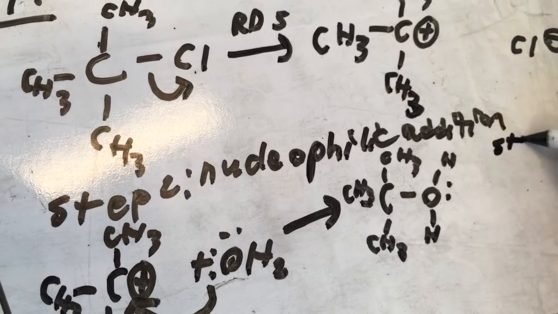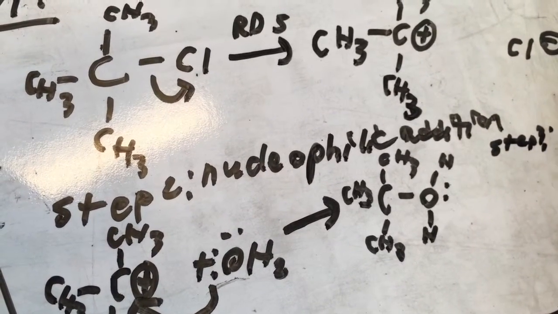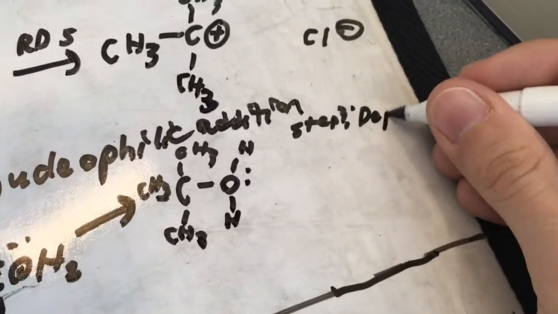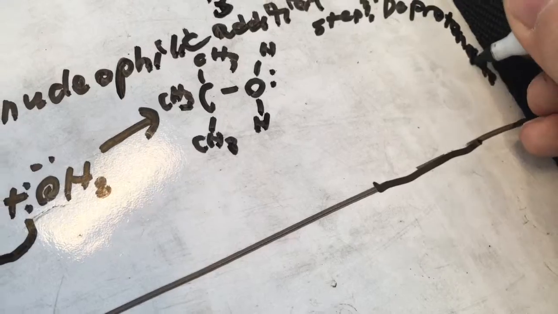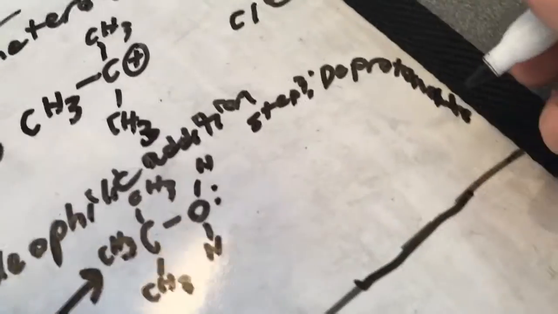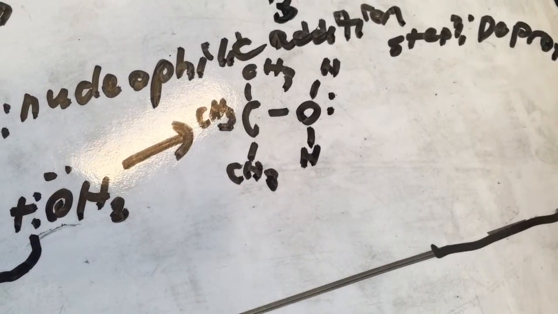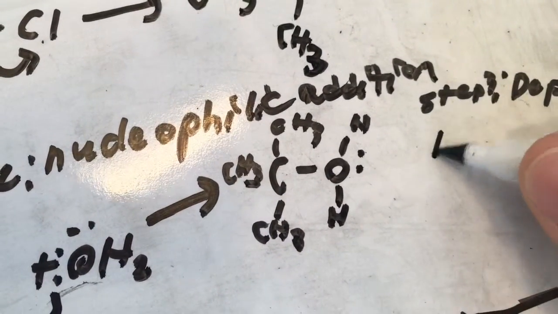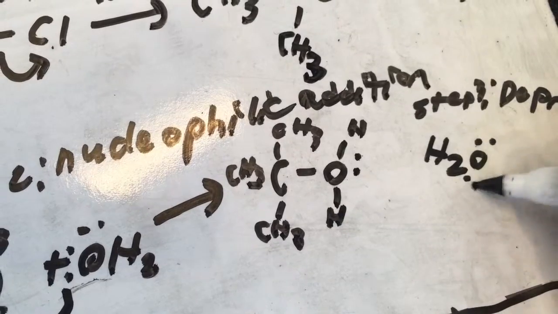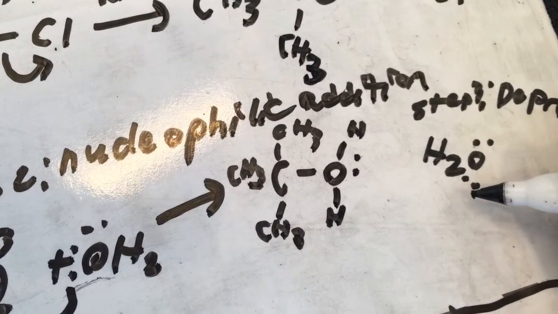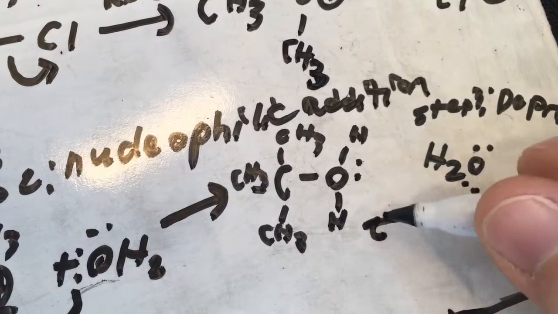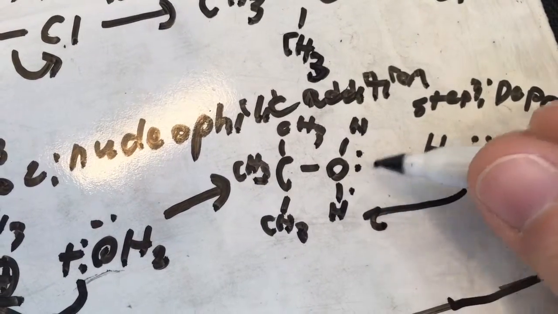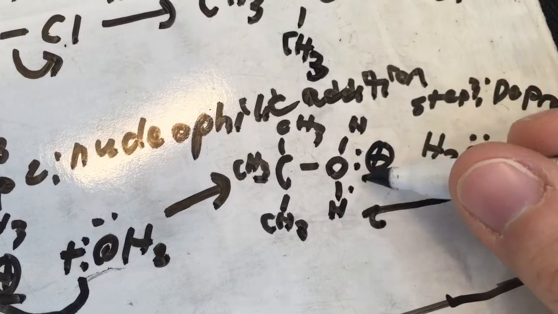So let me just put step 3, deprotonate. It's going on from the side, it doesn't matter. You can't even read it because my handwriting is sloppy, so I'm sorry about that. All right, so we've got another H2O. And you want to indicate the movement of electrons and draw the electrons every time. Don't go sloppy. This has a positive charge.